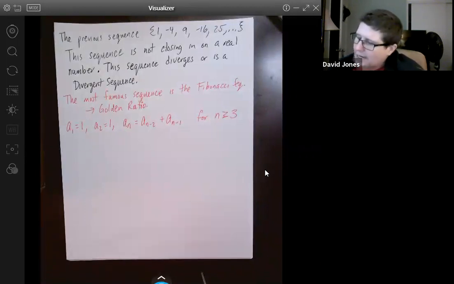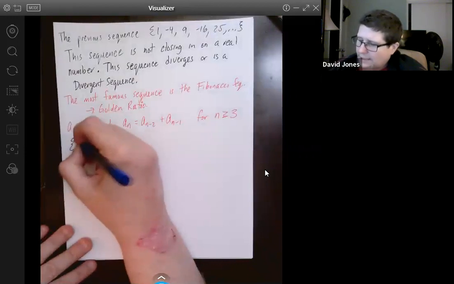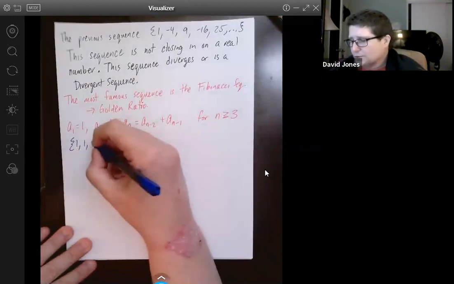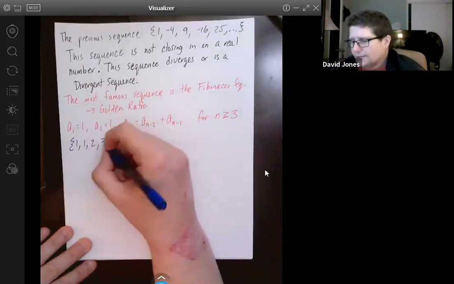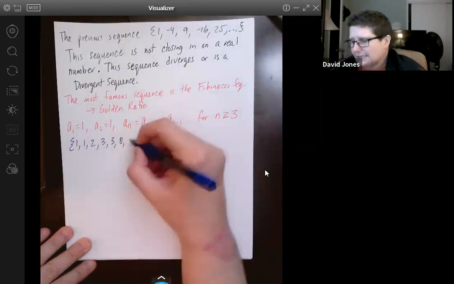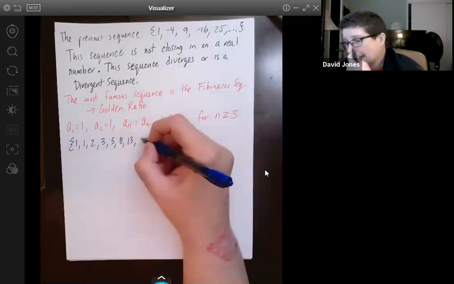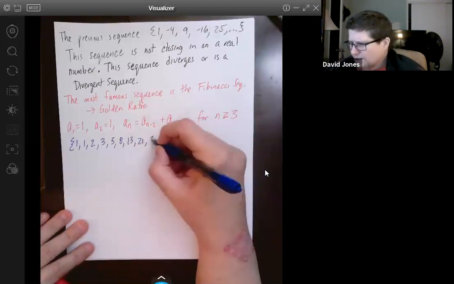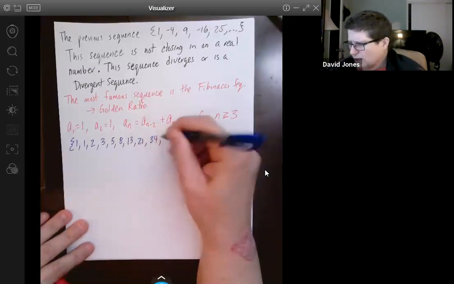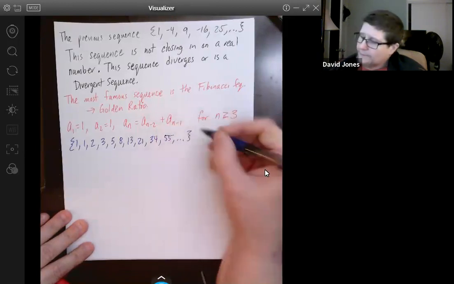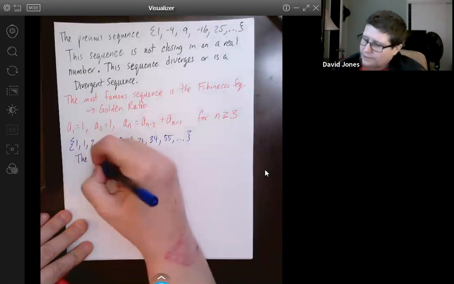When you look at it, 1, 1, and you're just adding up the 2 terms before it. 1 plus 1 is 2. 1 plus 2 is 3. 2 plus 3 is 5. 3 plus 5 is 8. 5 plus 8 is 13. Then 21. 13 and 21 is 34. 21 and 34 is 55, and it keeps going. It's the sum of the previous two terms.